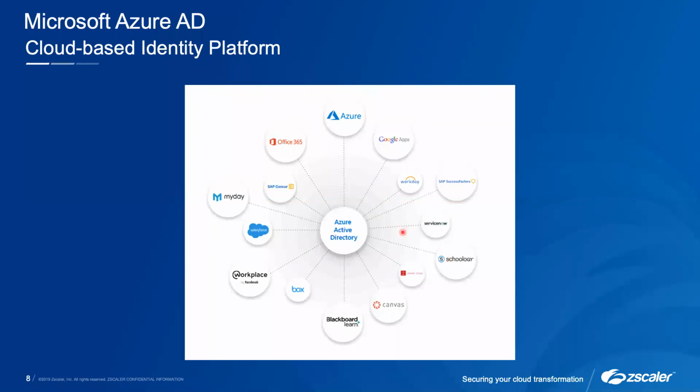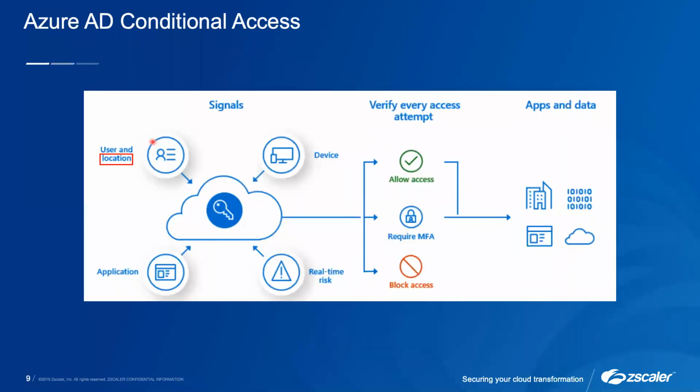And the second component is Azure Active Directory conditional access. And this is the piece that we're going to talk about in a little more detail today. Think of Azure AD conditional access as another layer above Azure Active Directory authentication. So the job of authentication is to identify whether a user is an authentic user or not, or whether the user is really who the user claims to be or not.